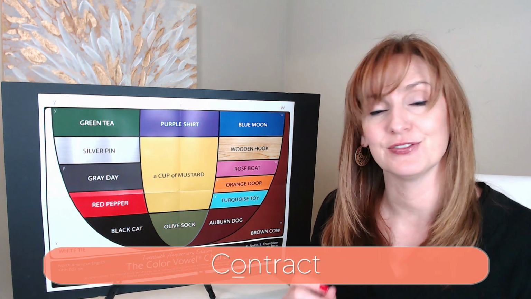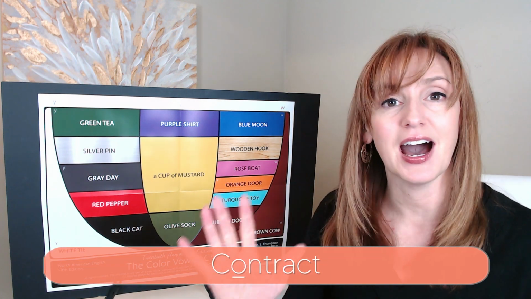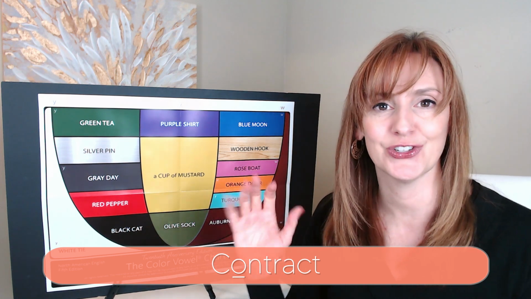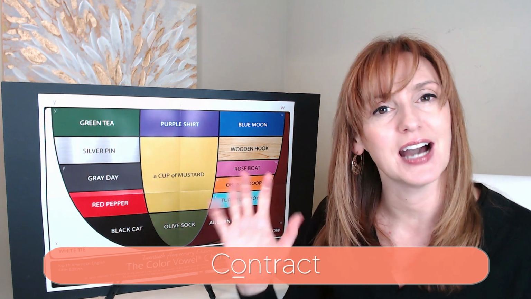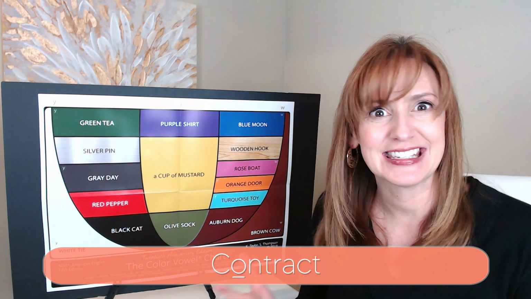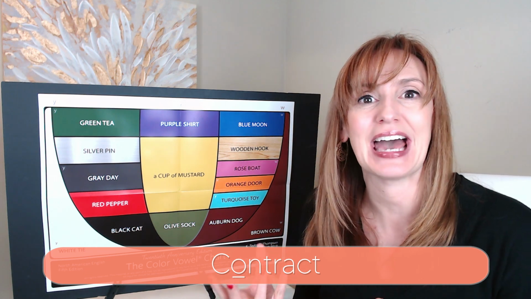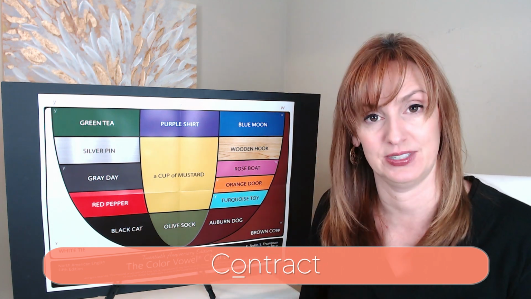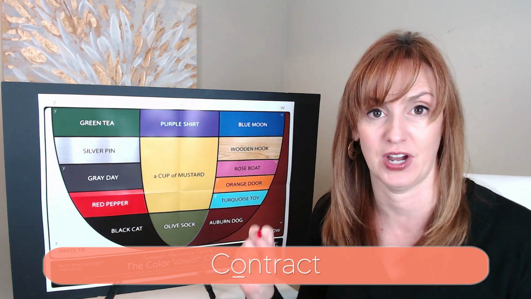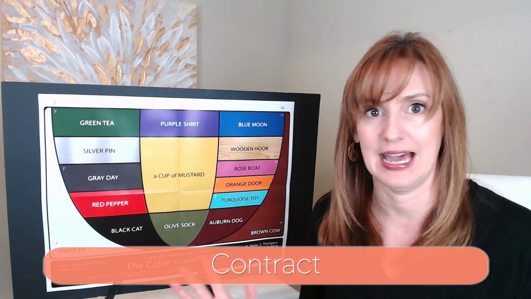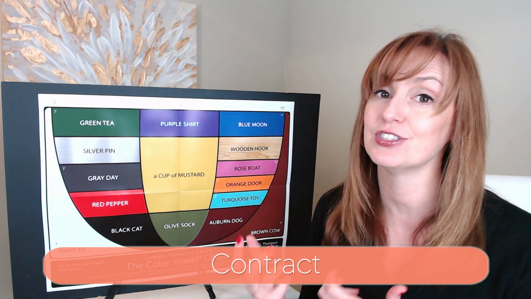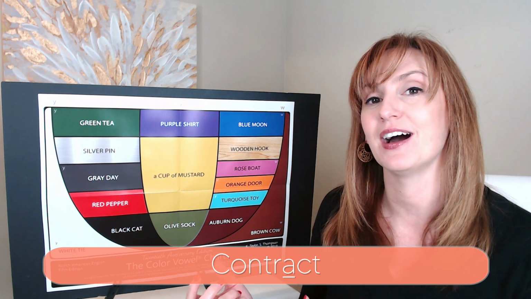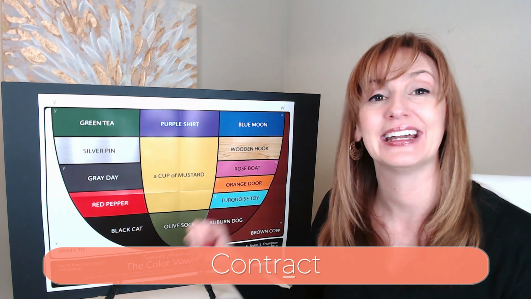If we stress the first syllable, we have contract. Olive sock contract. Here, this is something you sign when you purchase a house or you sign an agreement with someone.